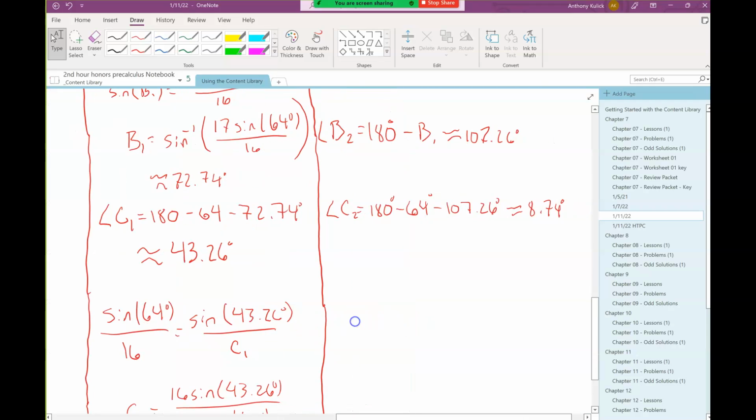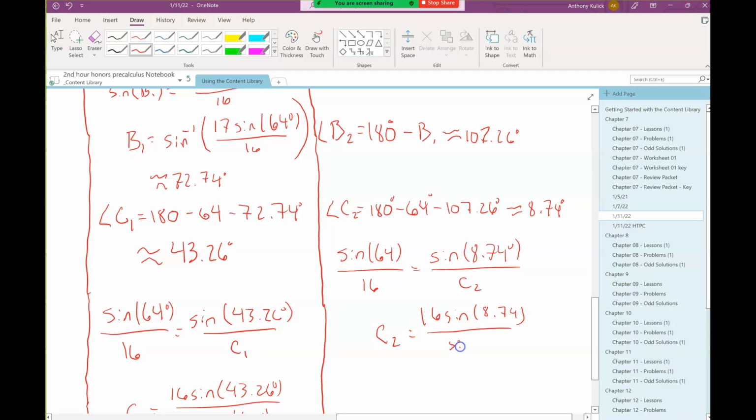And then to find side C2, I can do the same thing I did to find side C1, except instead of using angle C1, I'm using angle C2. I'll cross multiply and then divide by sine 64.